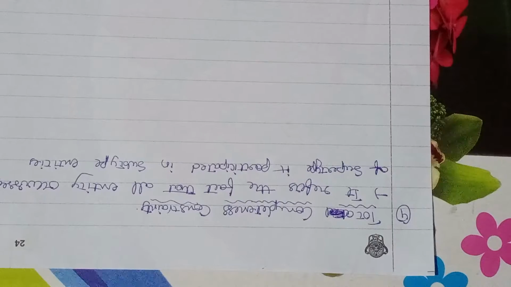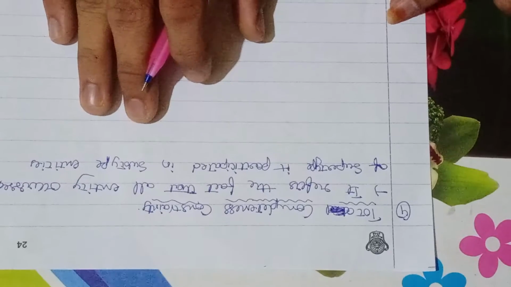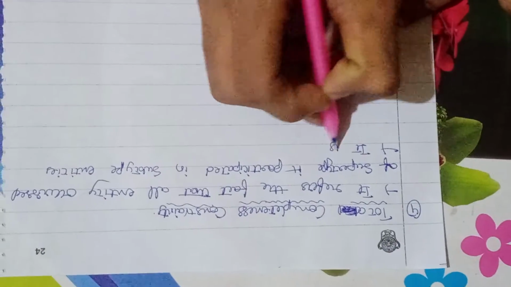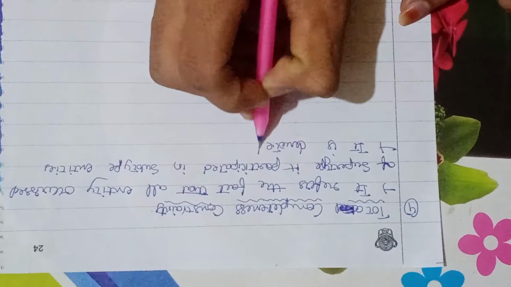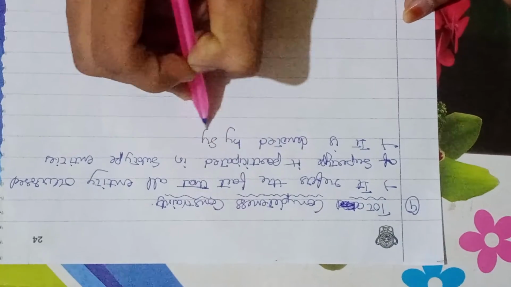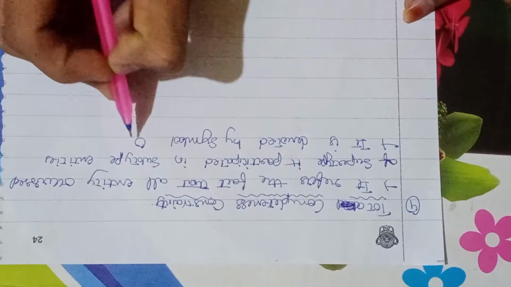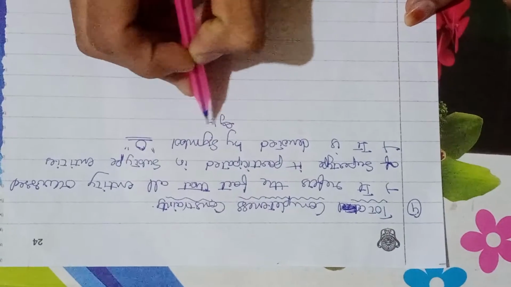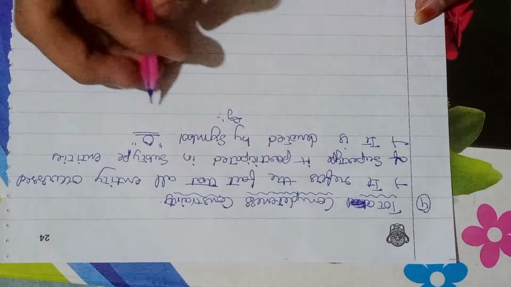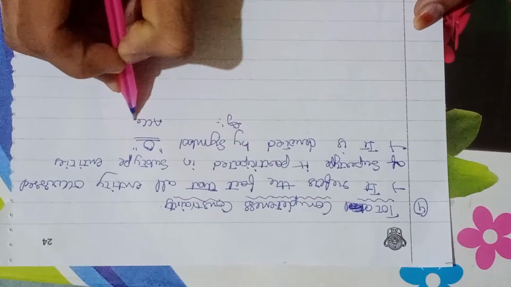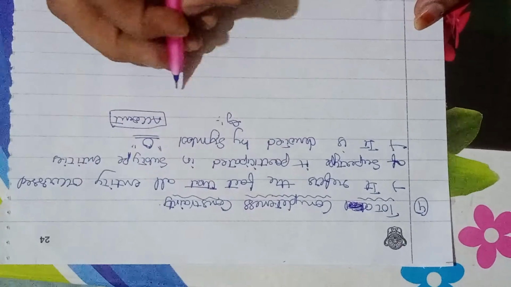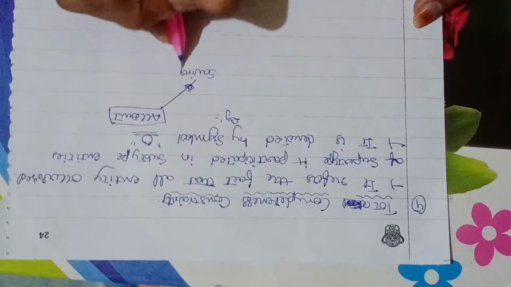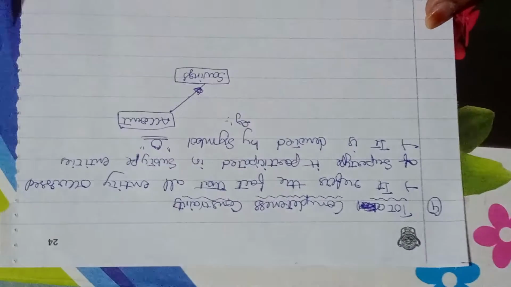Now it is denoted by the symbol double dash O. We can take an example of total completeness constraint. We can have an account in a bank. This is savings, this is called a subtype entity.